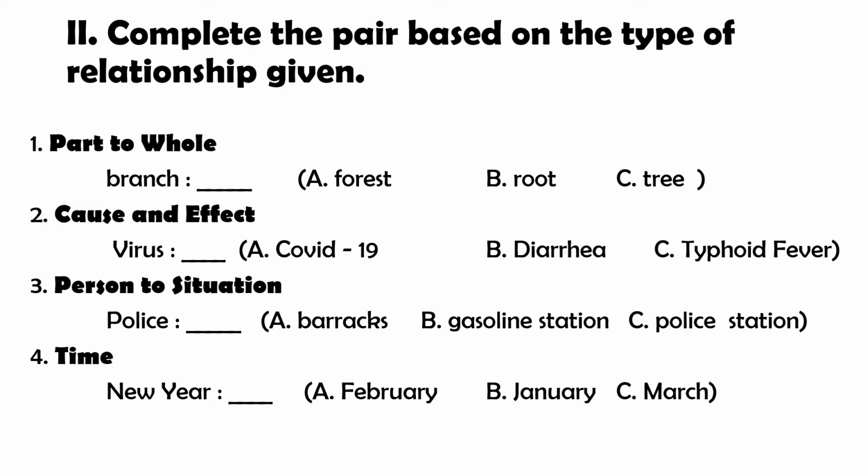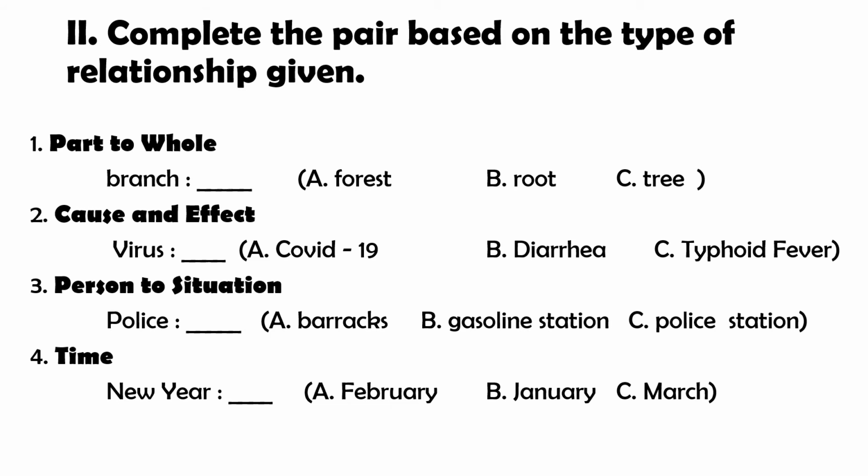Virus is to blank. A. COVID-19. B. Diarrhea. C. Typhoid fever. Number 3. Person to situation. Police is to blank. A. Barracks. B. Gasoline station. C. Police station.